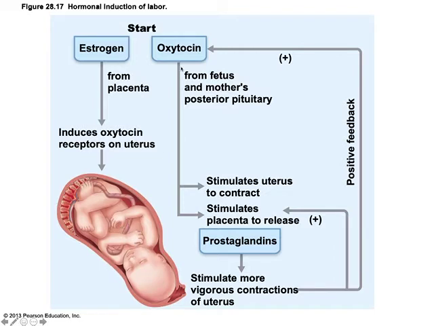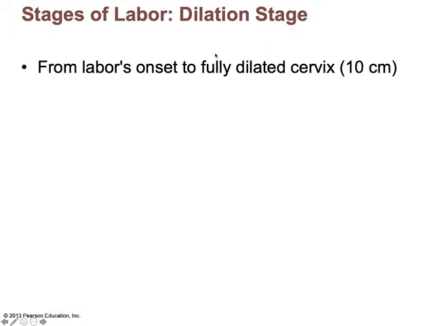And then oxytocin from both the fetus and the mother stimulate the uterus to contract, and that causes the placenta to release prostaglandins, which produce more vigorous contractions, and the stretching produces positive feedback that results in more oxytocin release from the mother's posterior pituitary.